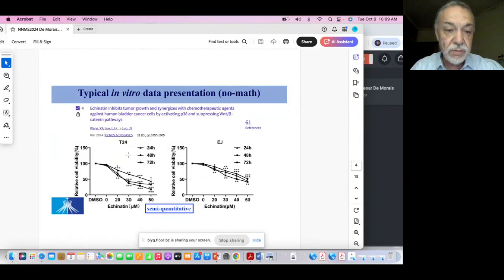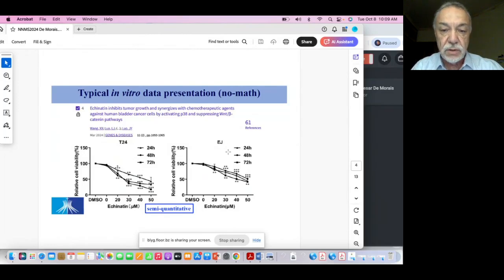Okay, so you can see that the vertical axis is the cell viability in percentage. On the horizontal axis is the concentration of the chemotherapeutic agent. The difference between the left and right hand panels is the cell line they used.